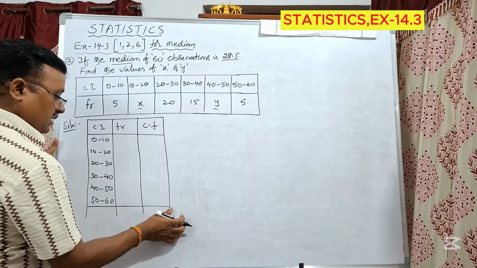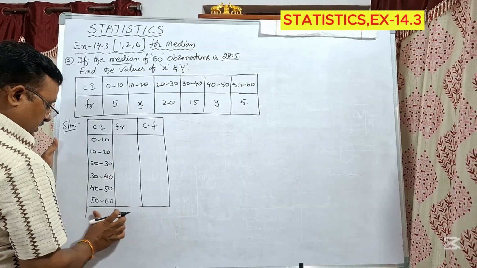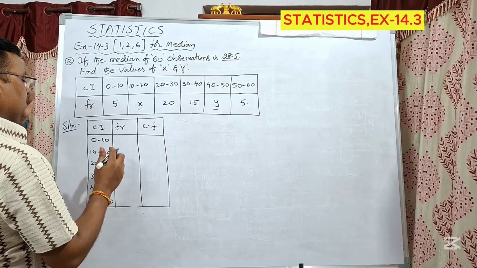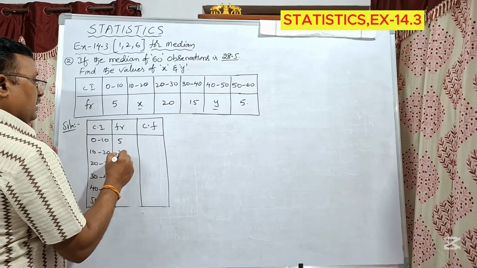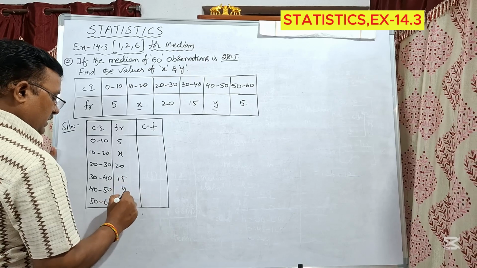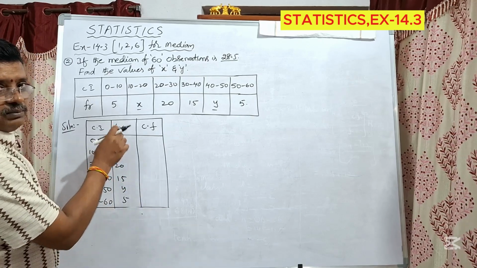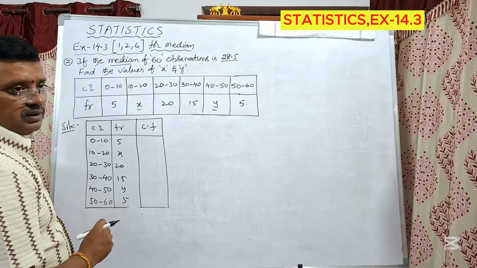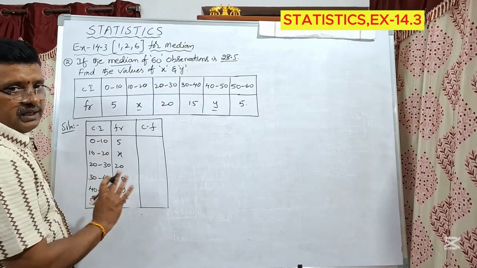Their respective frequencies are 5, x, 20, 15, y, 5, with some missing frequencies given like this.